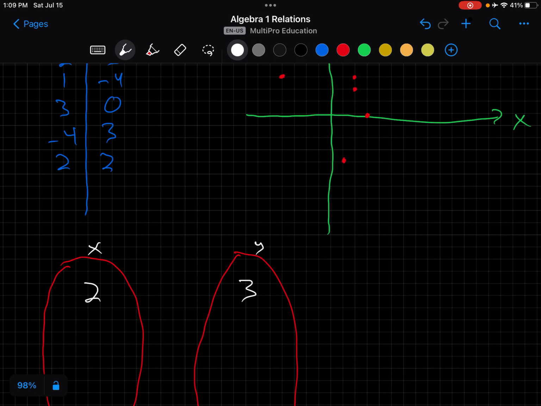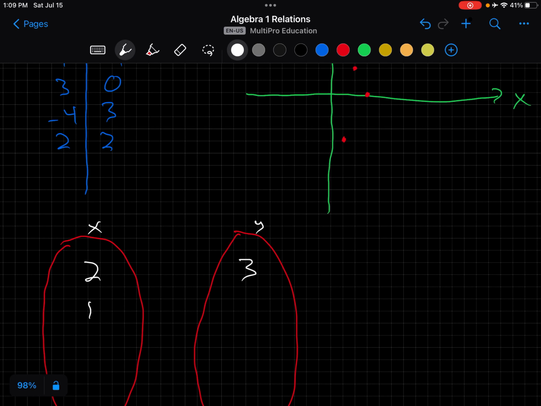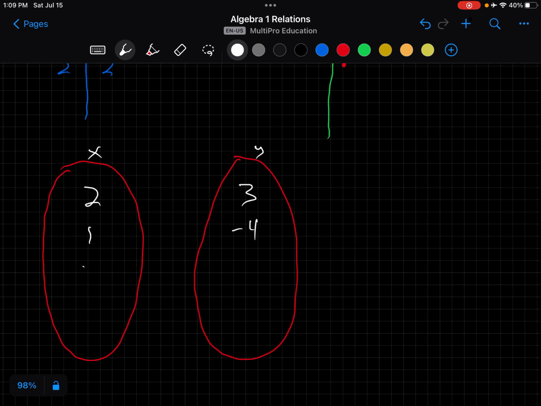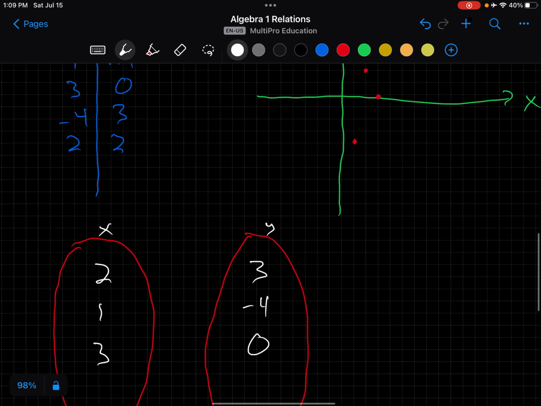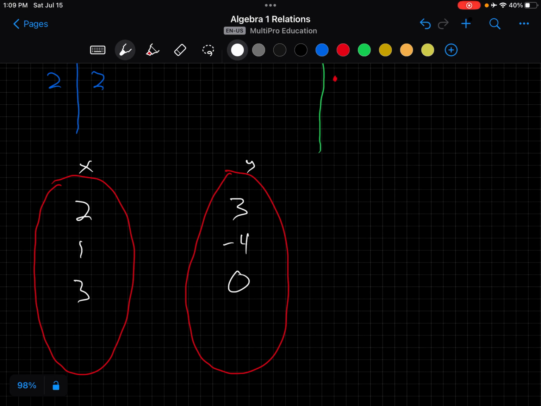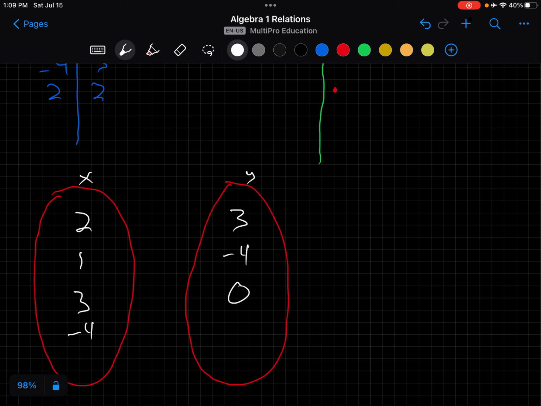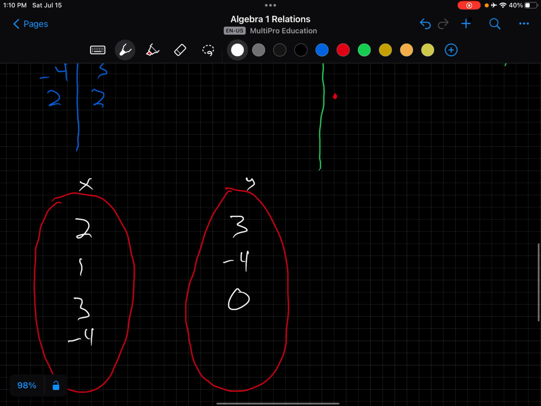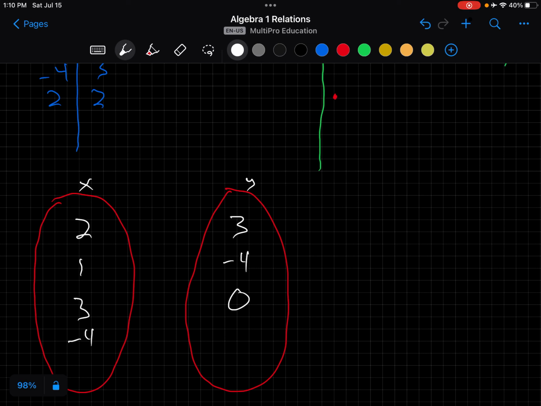We had a 2 and a 3, a 1 and a -4, a 3 and a 0, and a -4. Now we already have a 3 in the Y, so we don't list it again. Next we have 2 in the X. We already have a 2 in the X, but we have a 2 in the Y. Now we have to match these with one another.